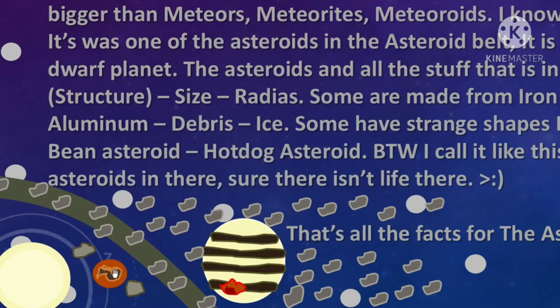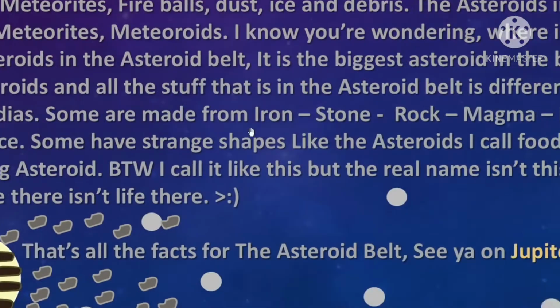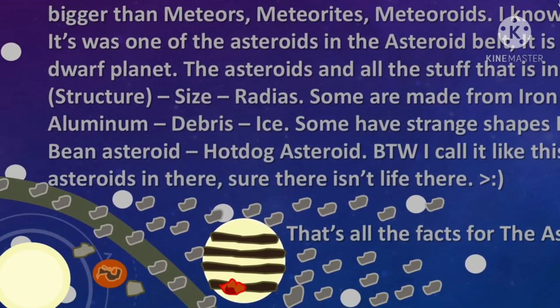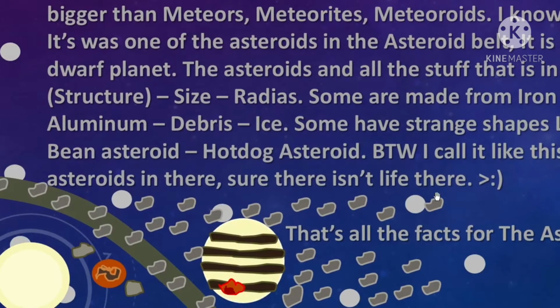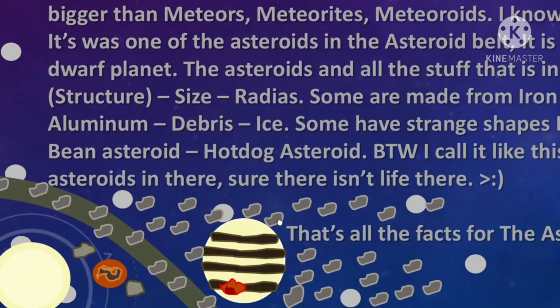How come? Because Mars's gravitational pull isn't very strong like Jupiter's, because Jupiter is the biggest planet. It can make all these moons, or all these asteroids, revolve around it. So we call them moons.